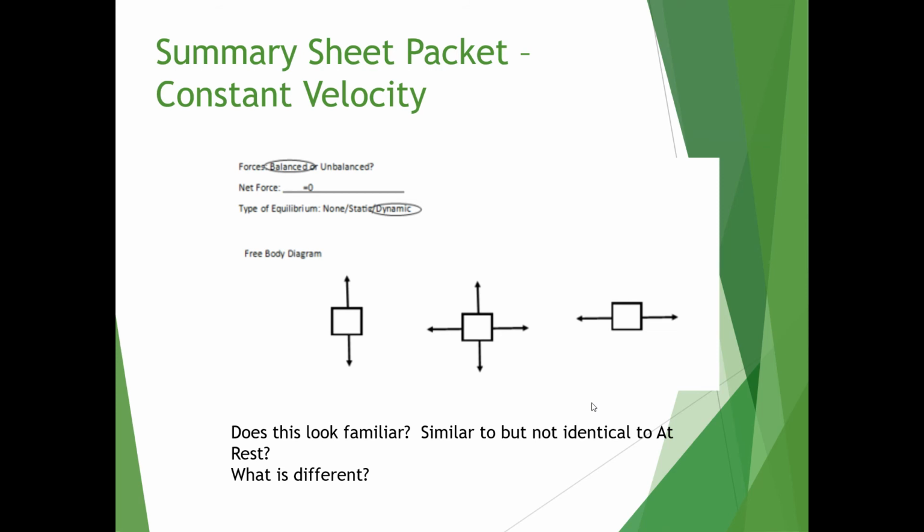They're balanced forces. So what is different here from what you had with your at rest summary? Hopefully you recognize that the type of equilibrium is really the only thing that is different. We had static for at rest, and here we have dynamic, but everything else is going to look pretty much the same.